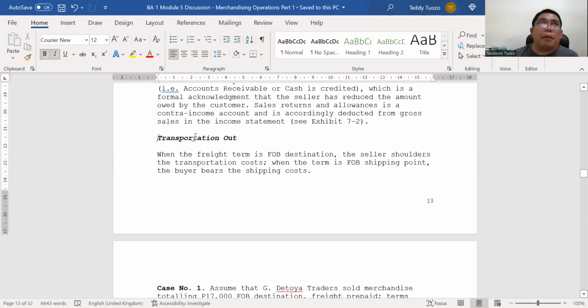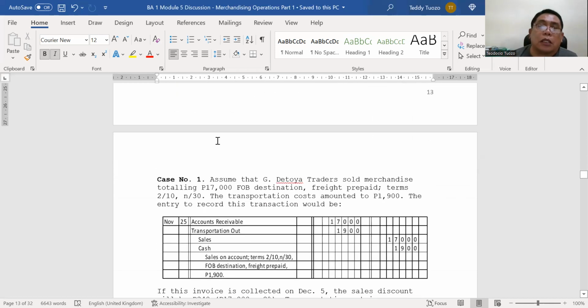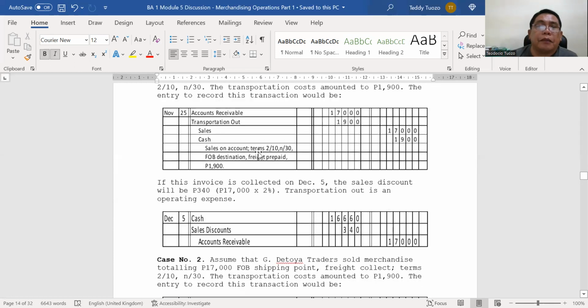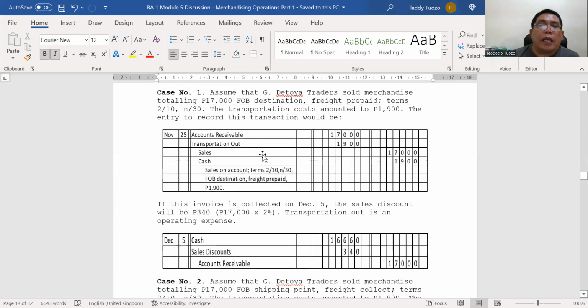Transportation out: remember, if you are the buyer, it is transportation in. If you are the seller, you should pay the freight cost, and that is transportation out. For example, if the freight is prepaid, FOB destination, the seller should pay.